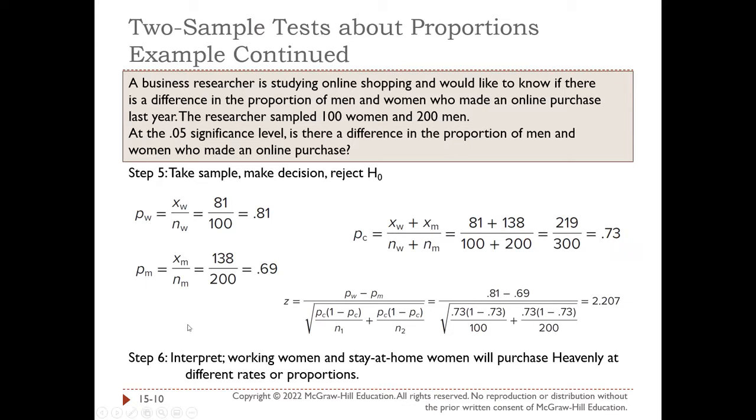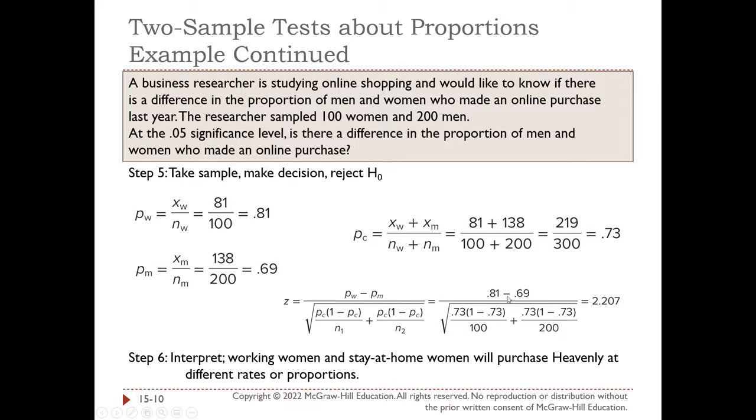So, making our business decision, first we have to come up with the proportions. So 0.81 and 0.69, because they're going to be used for our z right here. We have to come up with the pooled proportion. So we take 81 plus 138, divided by 100 plus 200. So 219 divided by 300 equals 0.73.